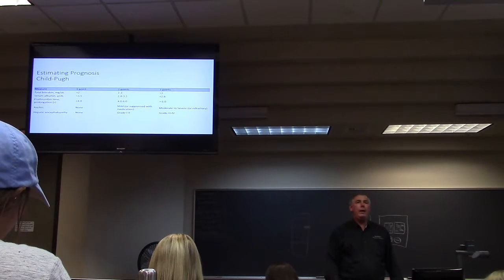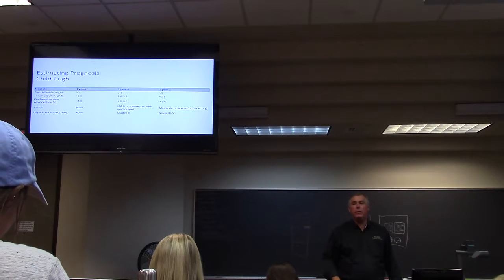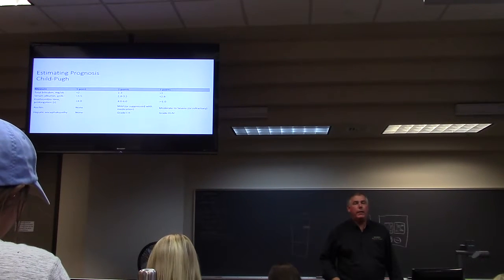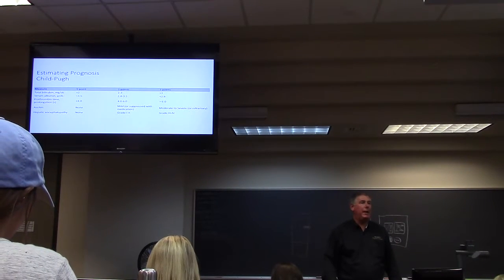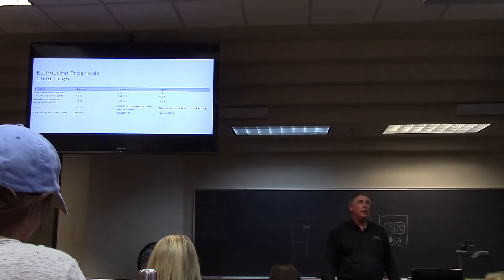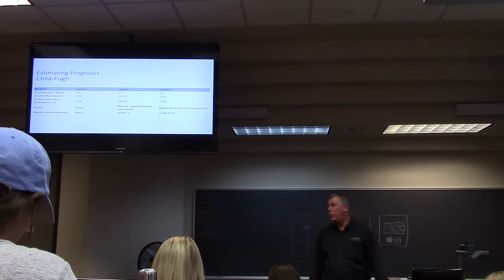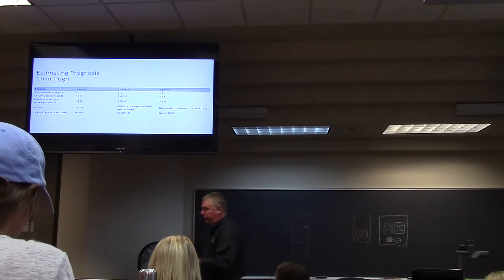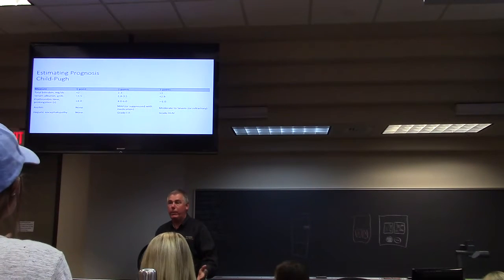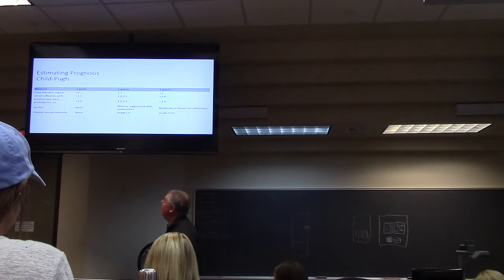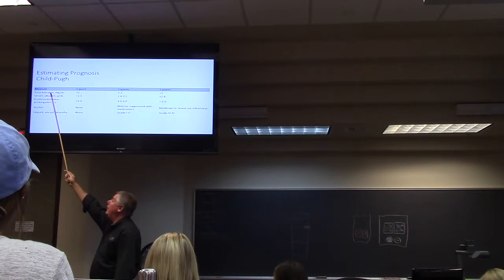Now, in looking at the causes of morbidity and mortality related to liver disease, the Child-Pugh formula is like Ransom's criteria, but looking at different things. One is you're looking at bilirubin.